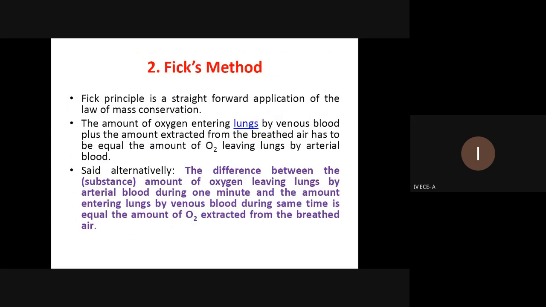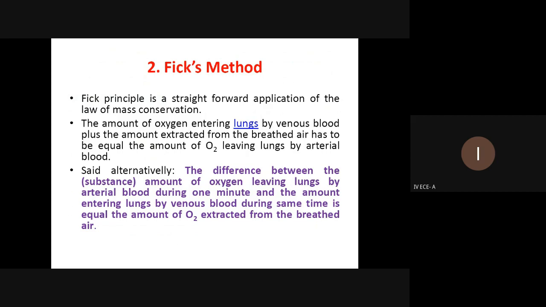Then the Fick method. The Fick principle is a straightforward application of the law of mass conservation. The amount of oxygen entering the lungs by venous blood plus the amount extracted from the breathed air has to be equal to the amount of oxygen leaving the lungs by arterial blood.